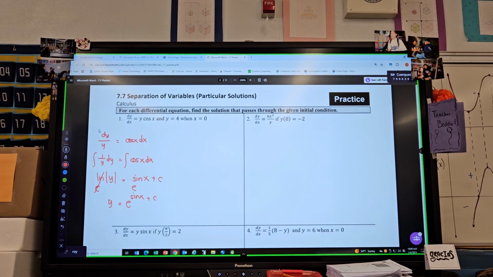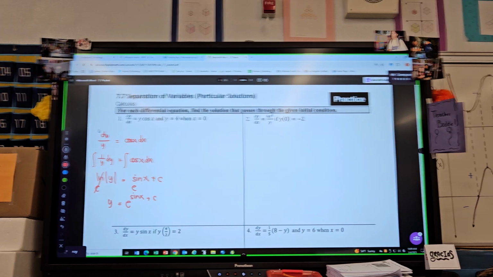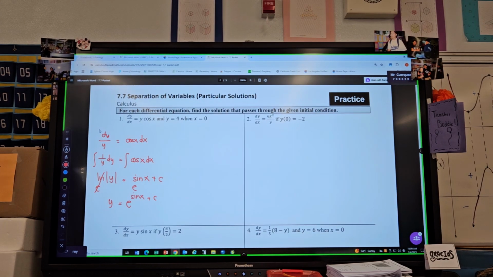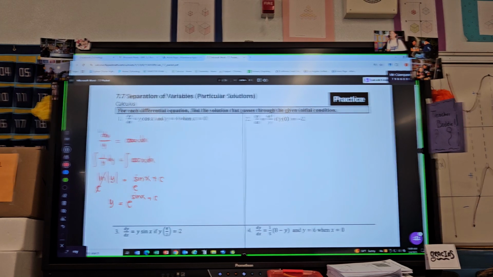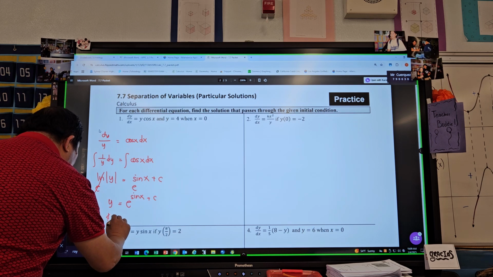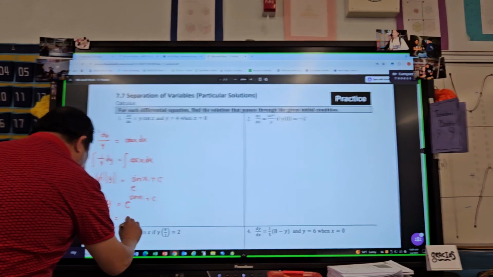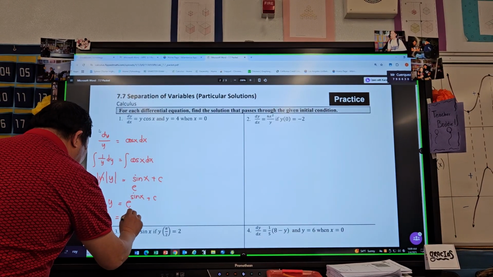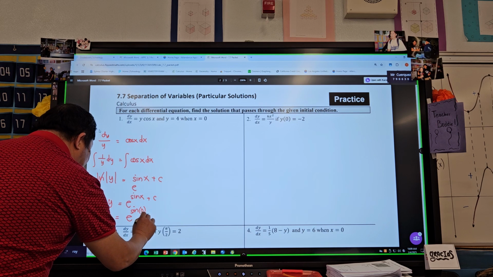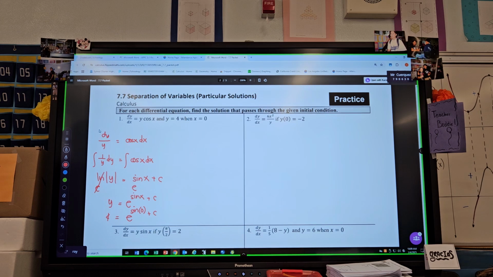Can you plug in now? Because what we are after is to solve for C. Okay? So we have 4 is equal to e to the power of sine times 0 plus the constant. So how do we write this now?